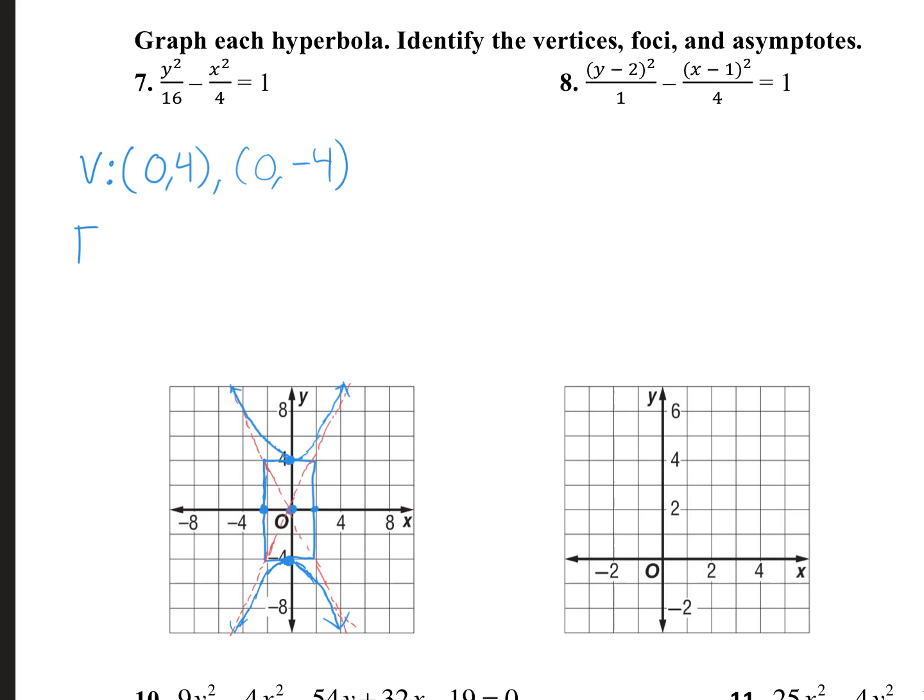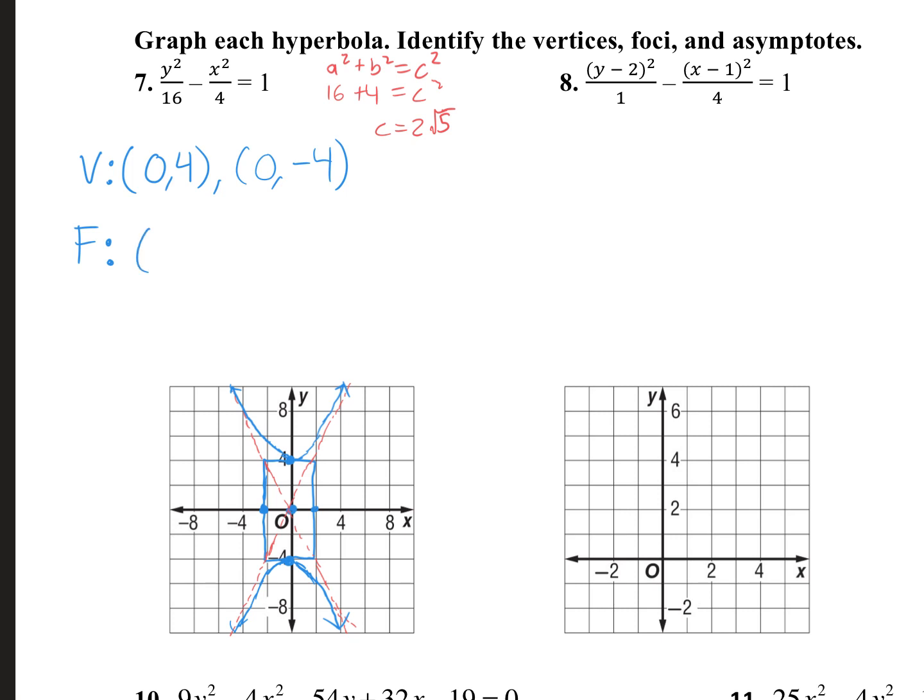The foci. The foci are not graphed, but they are C units away from the center. C squared is going to be 20, so C is going to be 2 radical 5. Square root of 20 is 2 radical 5. We're centered at 0, 0, and this is vertical.